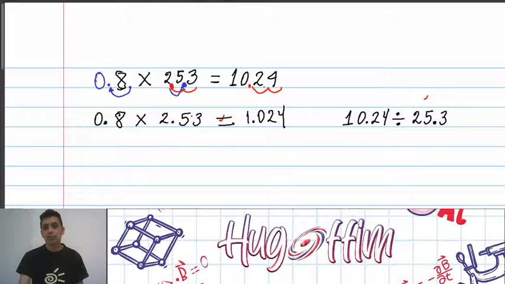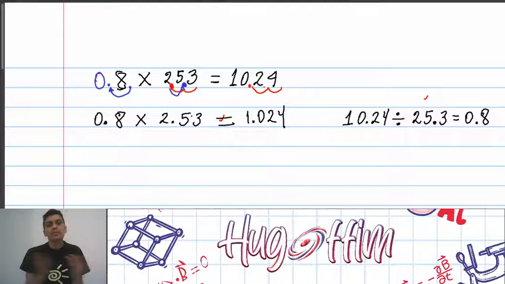So the answer of this division, 10.24 divided by 25.3, is 0.8. And as you could see, the only thing that I did was to move decimal places to equalize the expression.